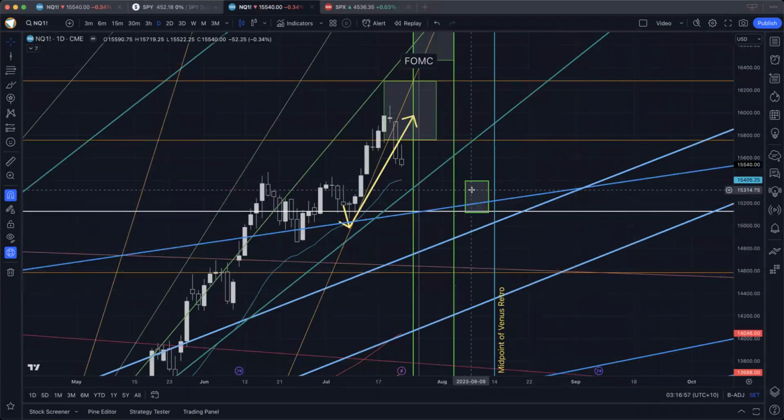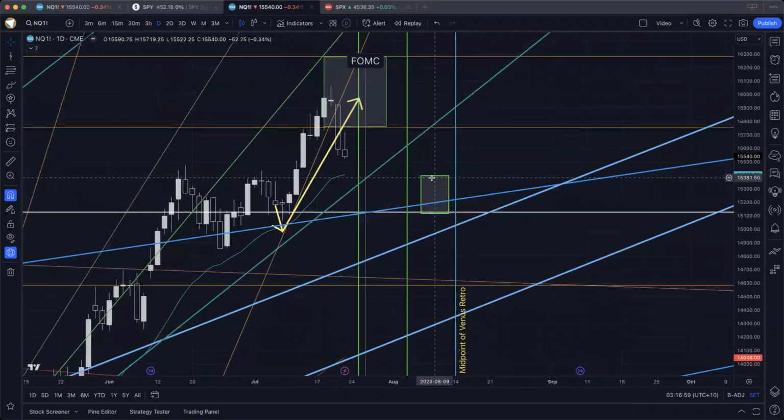And we've got this forecast box we created last week down here. The NQ futures actually got super close to the top of this. We're only about 100 and some odd points away from the top of that forecast box. So this is the opening price here of Venus retrograde.